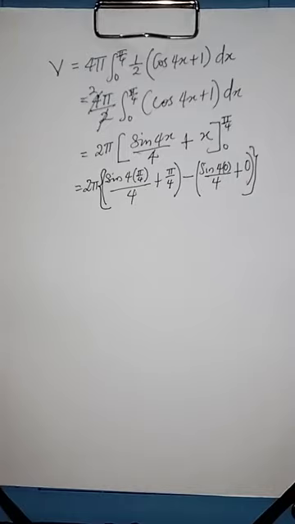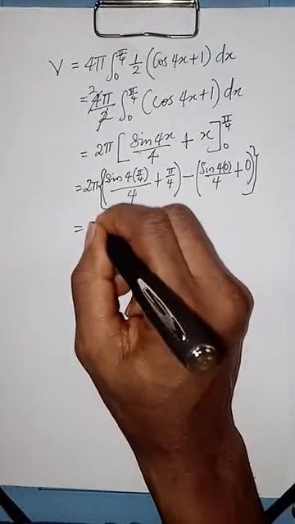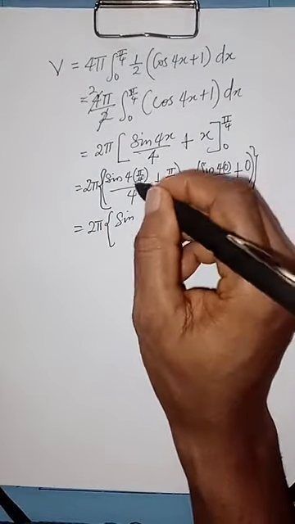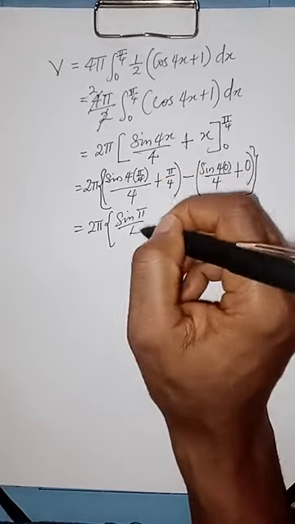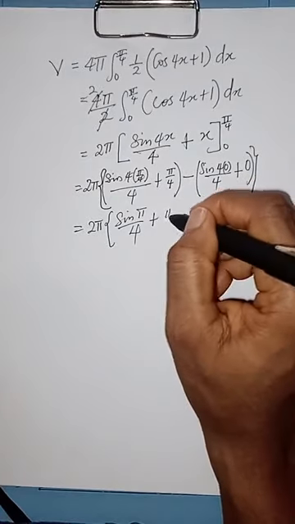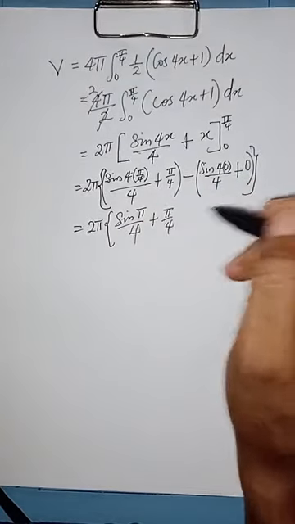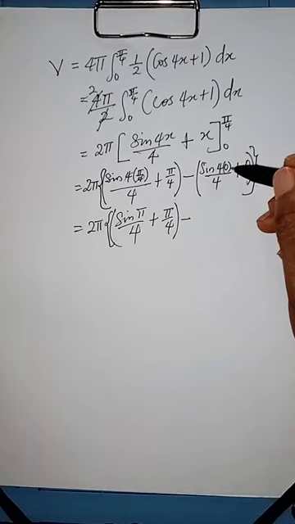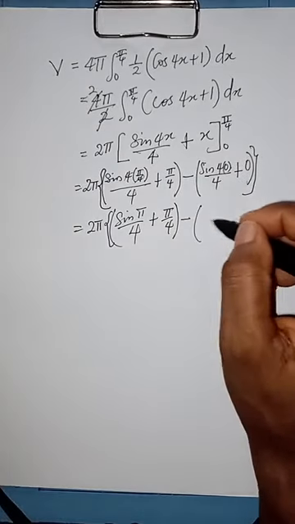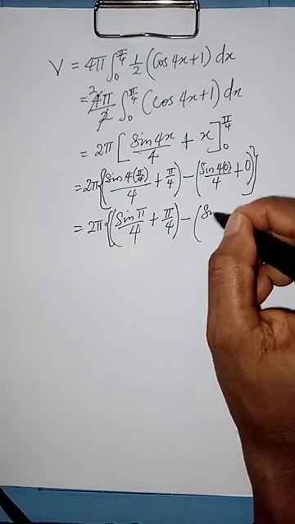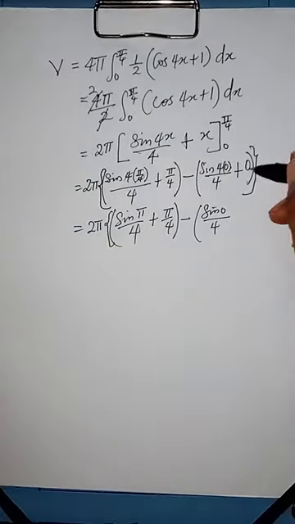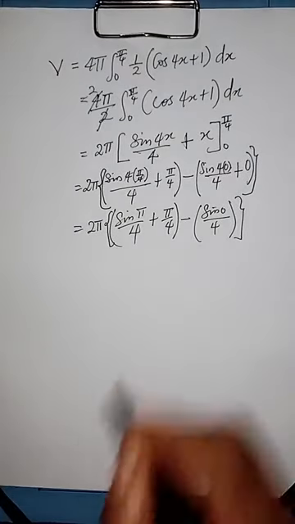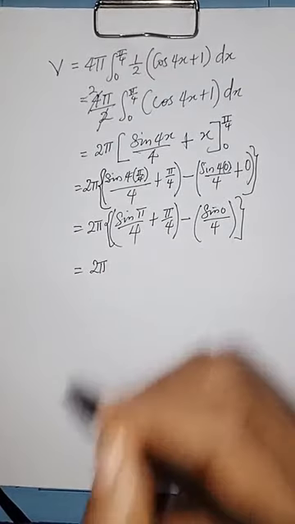So that's what you're having, and this is 2 pi times sine of pi, divided by 4, plus pi divided by 4, minus 4 multiplied by 0, which is 0. So everything here will be sine 0 divided by 4 plus 0. So that's nothing, and this becomes 2 pi.